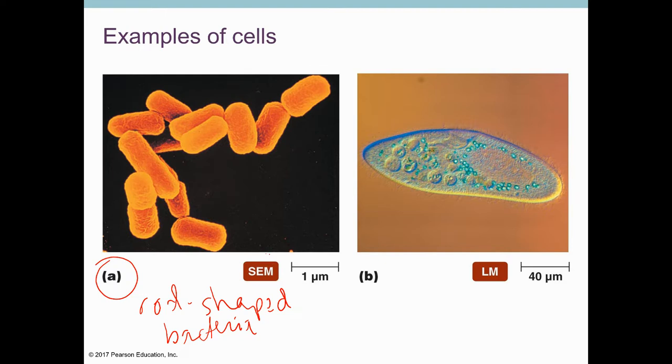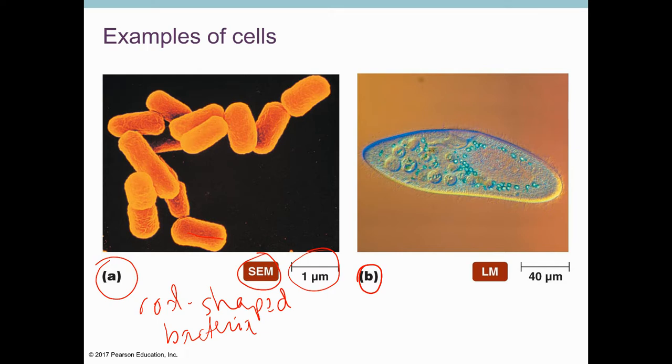This image is taken with a scanning electron microscope. So this is called a scanning electron micrograph. And we will be talking about types of microscopy. But this microscope can view items that are very, very small. 1 micrometer, you can see, is about the length of each of these cells. So these are bacteria. On the right side, for B, you see a paramecium.